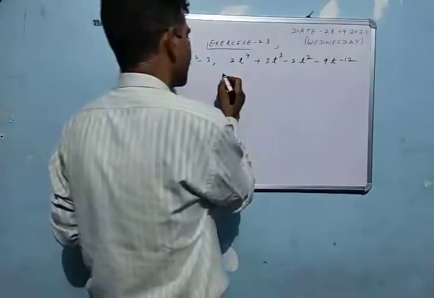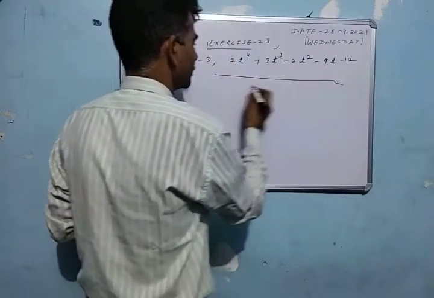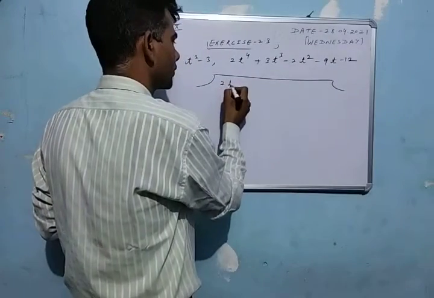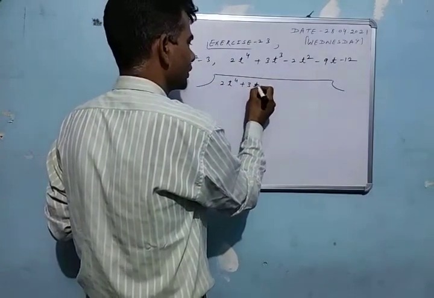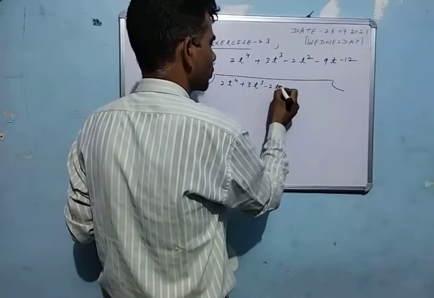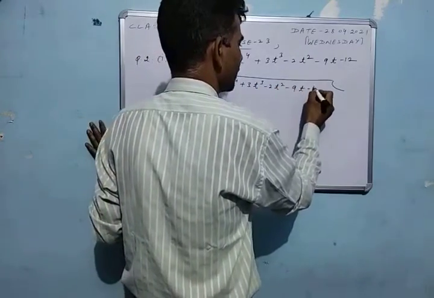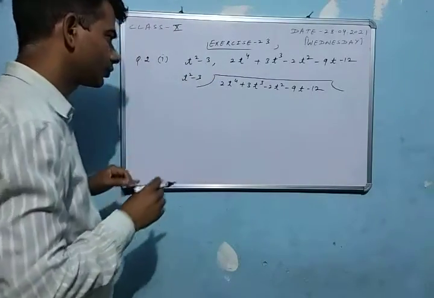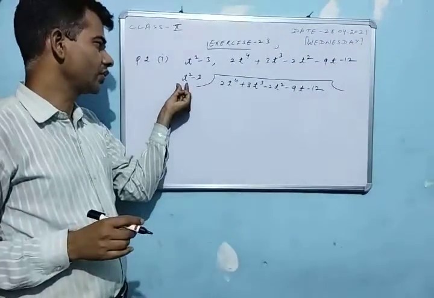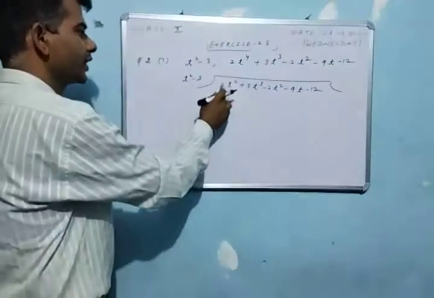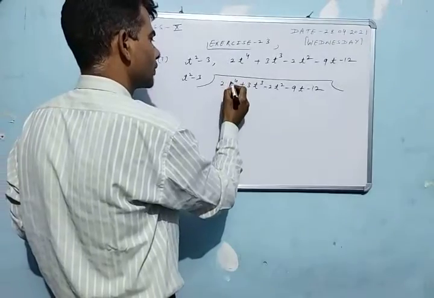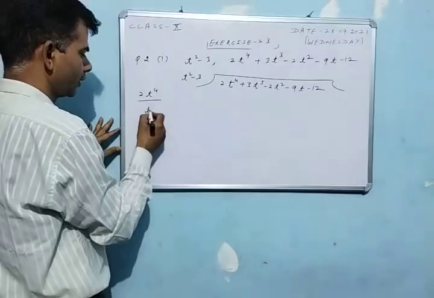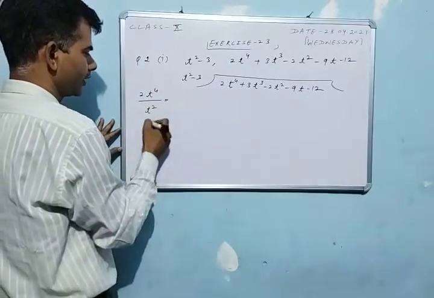First of all, divide 2t raised to power 4 plus 3t cube minus 2t square minus 9t minus 12 by t square minus 3. By this number t square is multiplied, the result will be 2t raised to power 4. Now 2t raised to power 4 divided by t square, and the result will be 2t square.